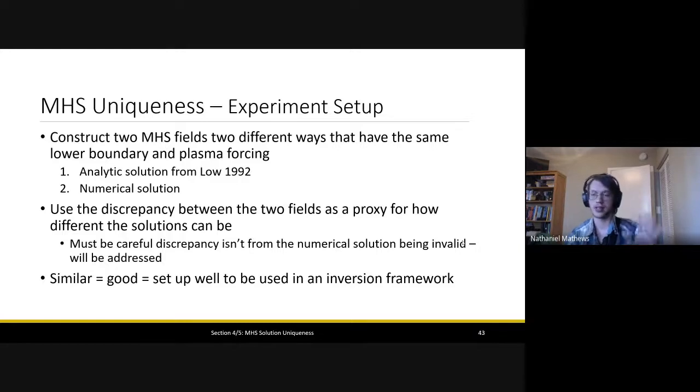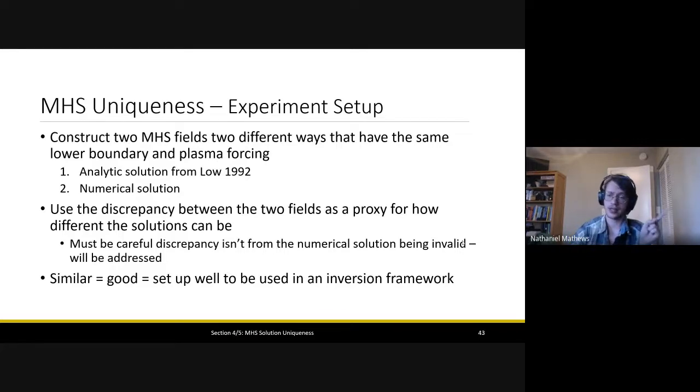We're going to construct a magnetohydrostatic field 2 different ways that has the same plasma forcing and the same lower boundary condition, 2 valid magnetohydrostatic fields. And we'll compare how different they are. If they're similar, then we'll say that despite the fact that they were built 2 different ways, they're similar, the solution space is small for this plasma forcing. And if they're very different, then we say, okay, now we have degeneracy non-uniqueness problems.